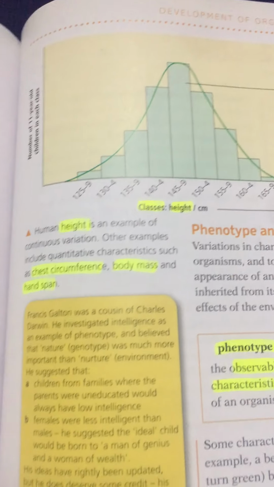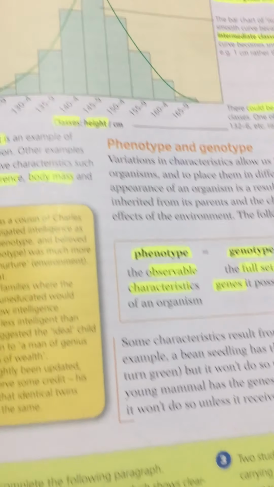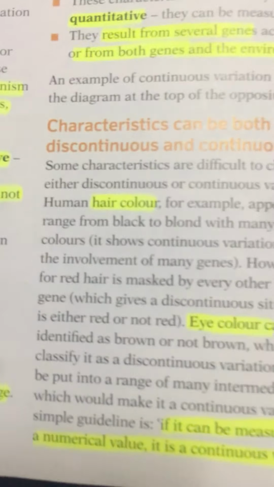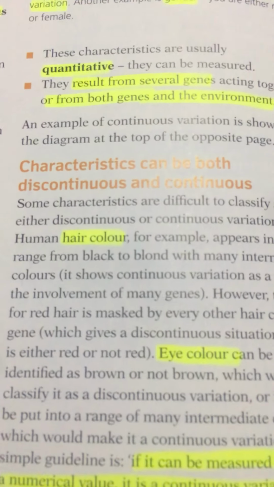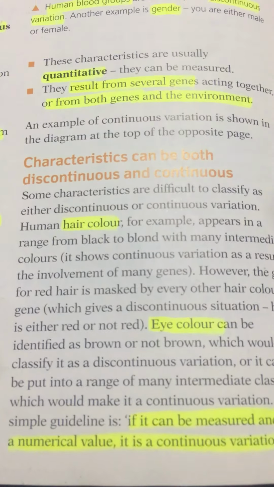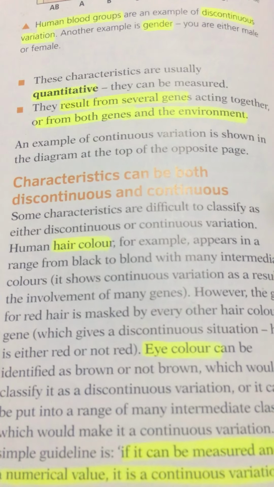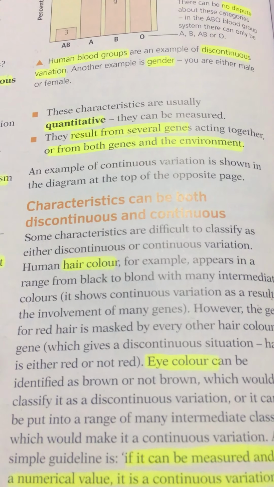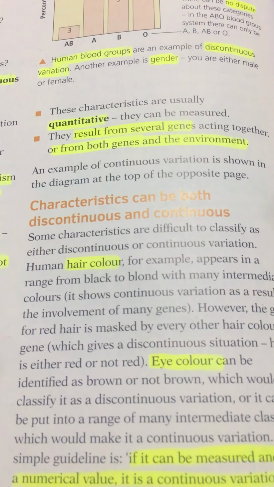The last thing in this lesson, or before, we have the third type: a characteristic that can be both discontinuous and continuous. We have two examples for these characteristics, which are hair color and eye color. Hair color can be continuous and can be discontinuous. Let's understand how hair color is continuous.